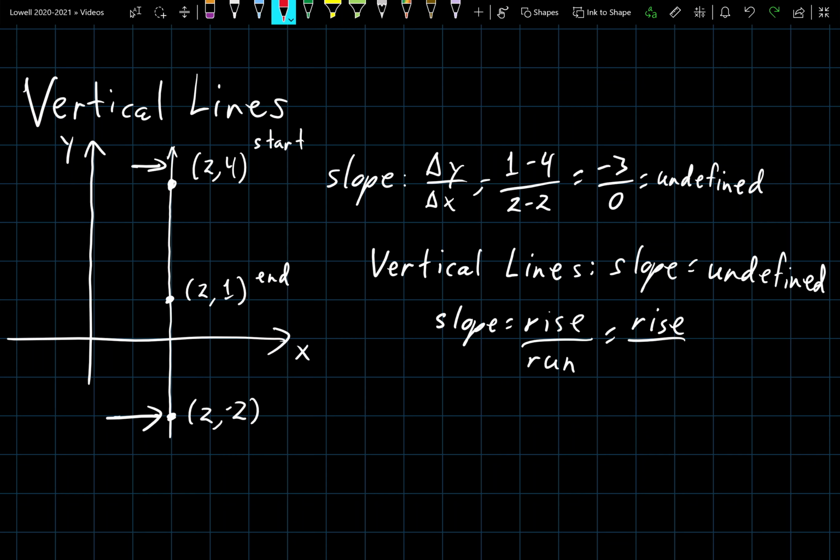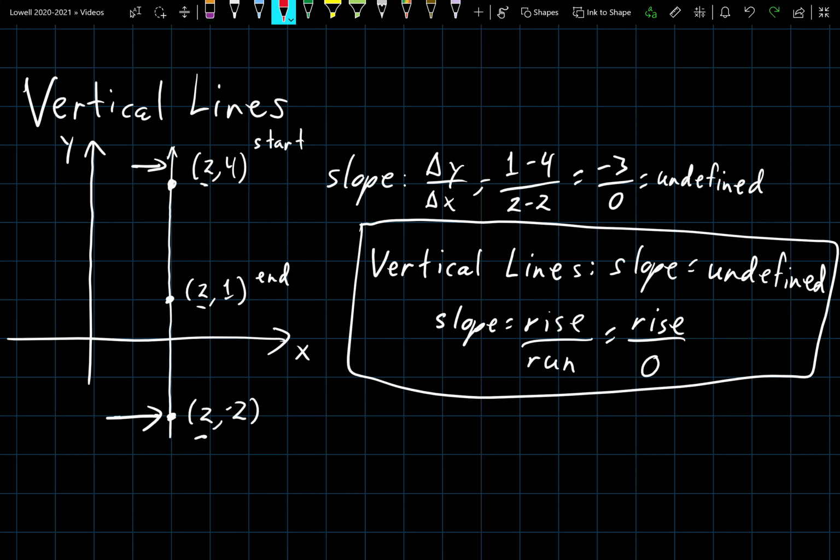You're starting off at x equals 2 and you're ending at x equals 2, no matter where you are, because this line is straight up and down. So that means that your run is going to be 0, causing you to do a division problem that can't be done. You're rising some number and dividing by a run of 0. And so this is why vertical lines have undefined slopes.